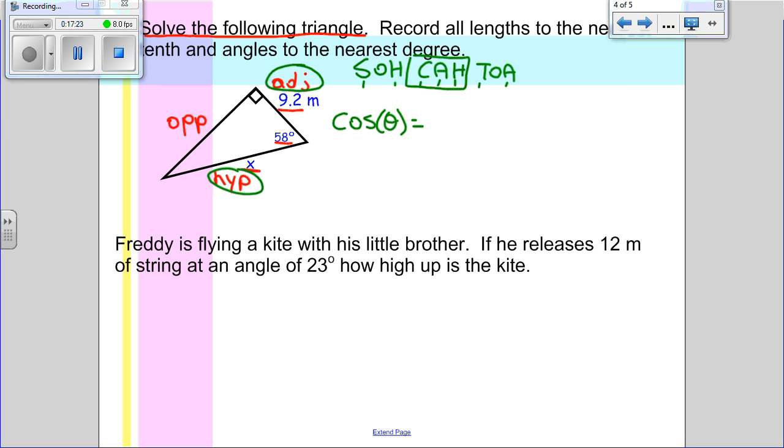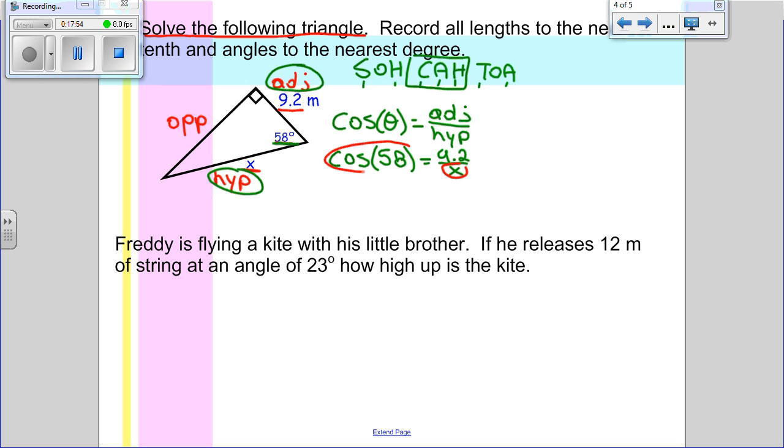We then replace our symbols with numbers. So the angle is 58. Remember that weird little symbol is theta, it means angle. And the angle we're working with is 58. Equals adjacent, which is 9.2, divided by x, which is our hypotenuse. X is on the bottom. Because x is on the bottom, it needs to switch spots with this cos.